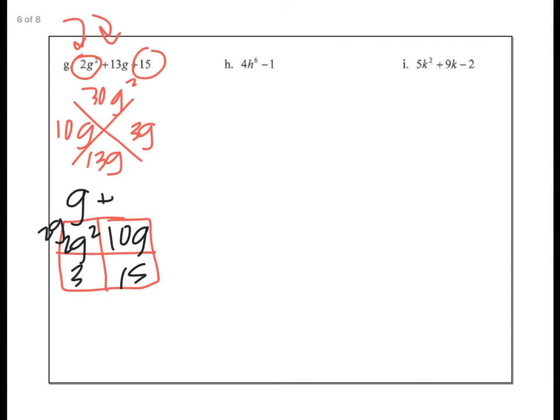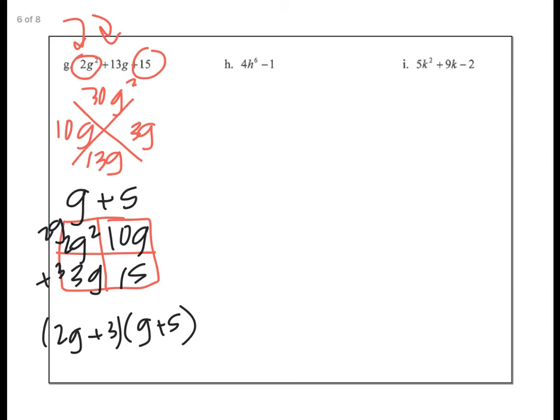Since 2g I can multiply by this 5 to get the 10g, and g I can multiply by 3 to get that single, oops, that should be 3g. So then my final answer should be 2g plus 3 and g plus 5.